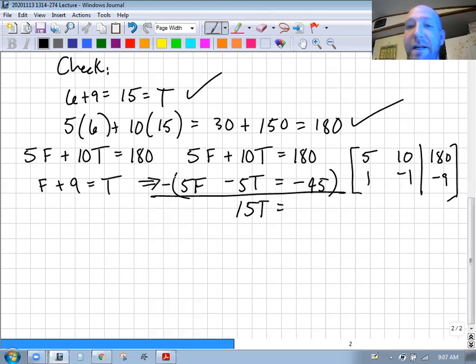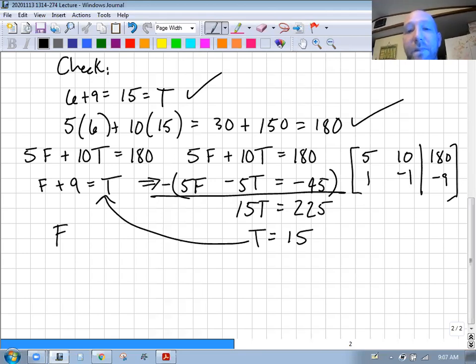And then 180 minus a negative 45 is 225. So that would tell us that t is 15, dividing both sides by 15. And of course, we could plug that in here, solve for f.